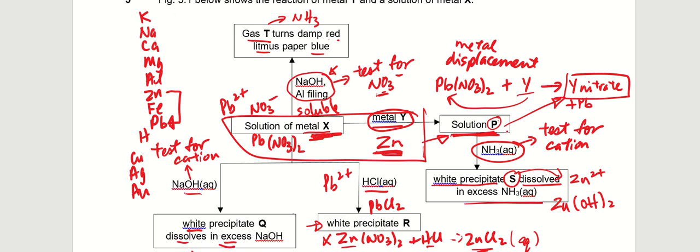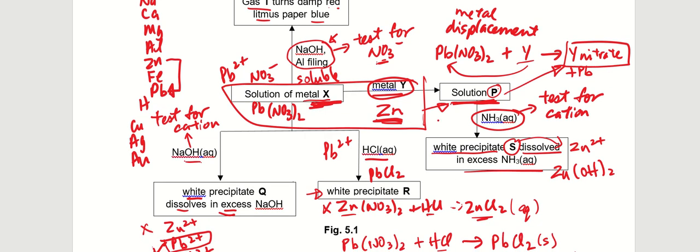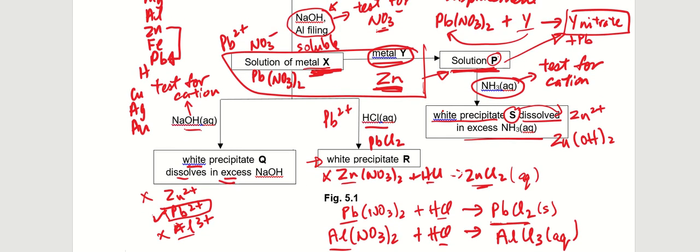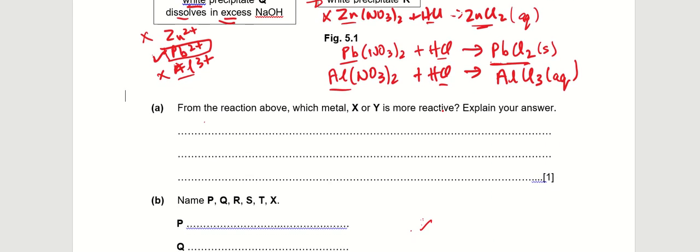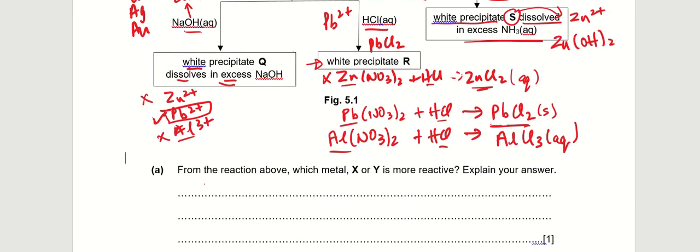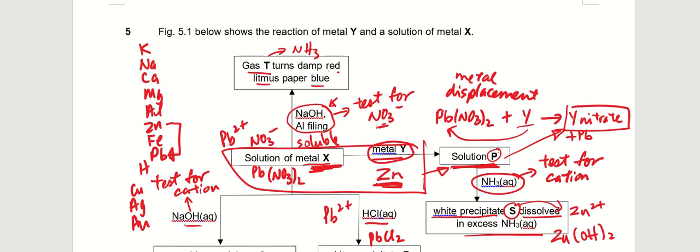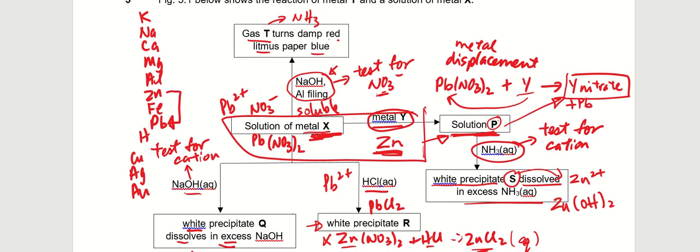So essentially, we have identified all our unknowns. Okay, so let's go name P. Where is P? P is this solution. Okay, now we know that P is a nitrate, and since the metal is zinc, P will be zinc nitrate.